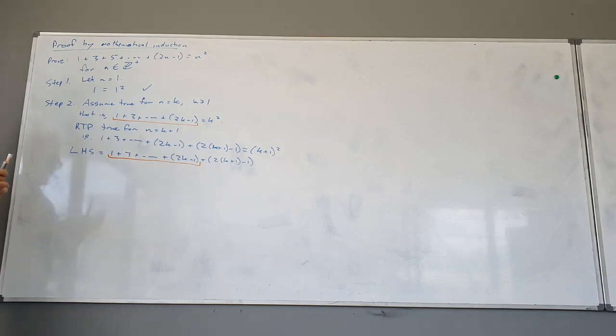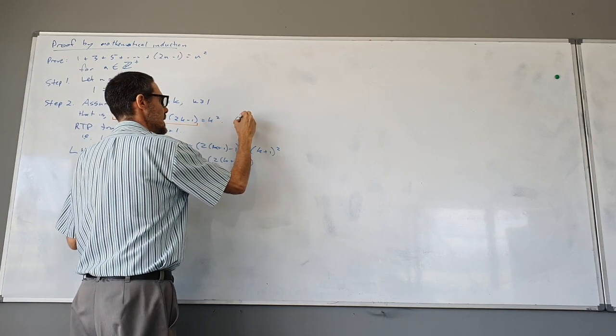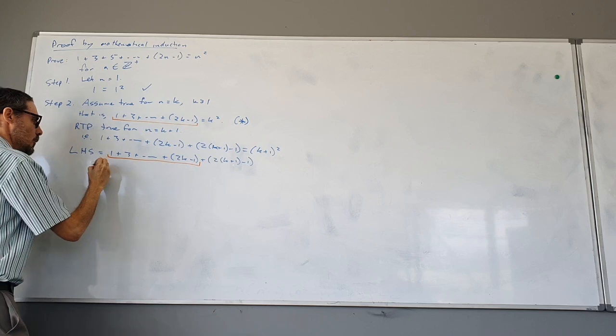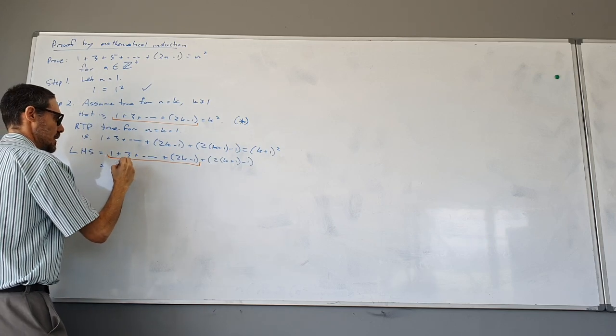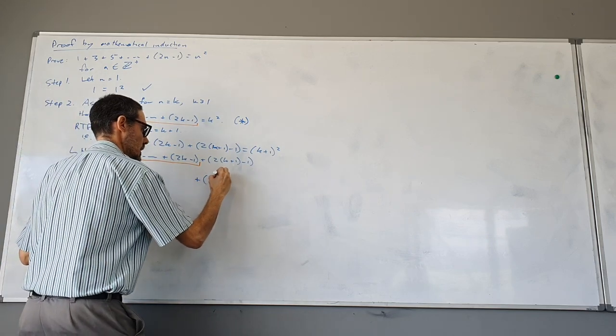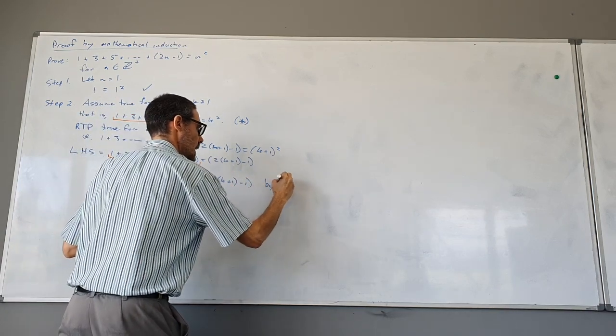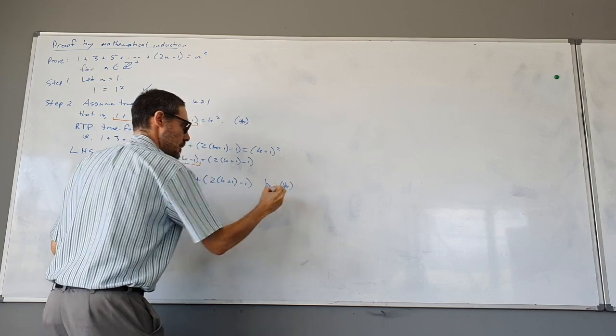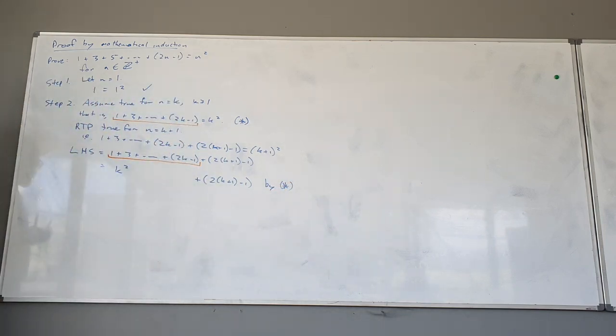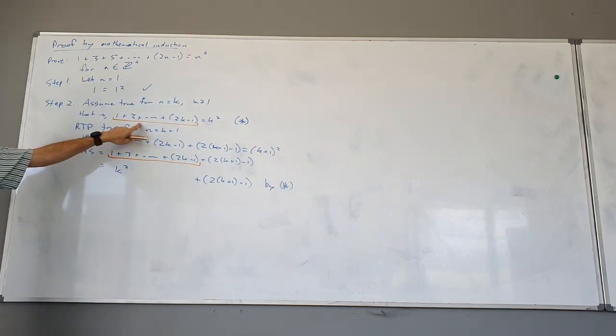I'm going to call this star, which gives k squared plus 2k plus 1 minus 1 by my star. I've just done a substitution of the thing I'm assuming.